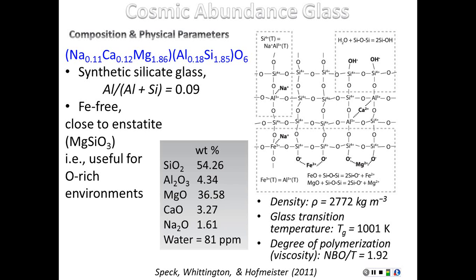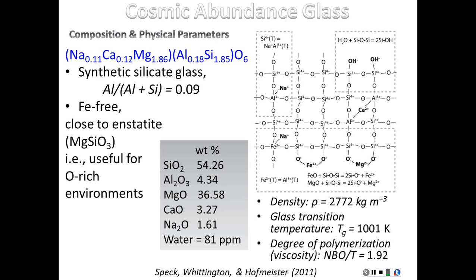But basically what we tried to do was to get the relative abundances of the cations. So we've got the Si, the Al, the Mg, the Ca, the Na. They are all in the same relative abundances as for the Sun. Okay, so this is solar composition. Once we get down below those particular constituents, the abundance drops off low enough that we don't worry about them.